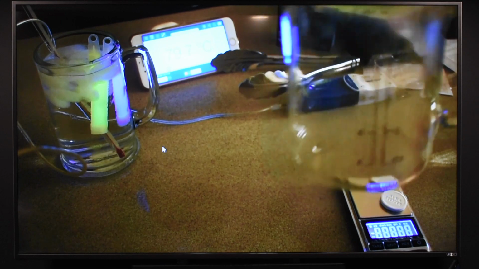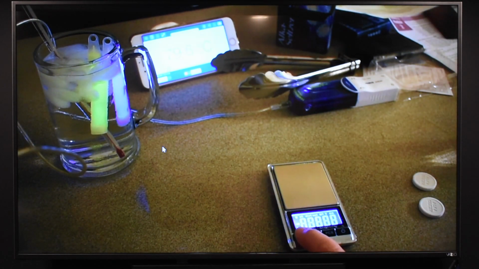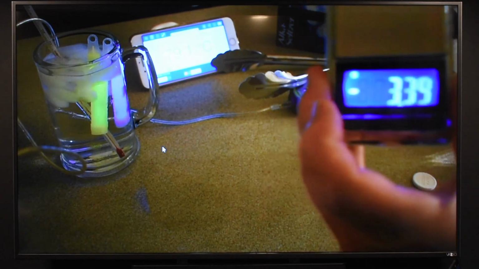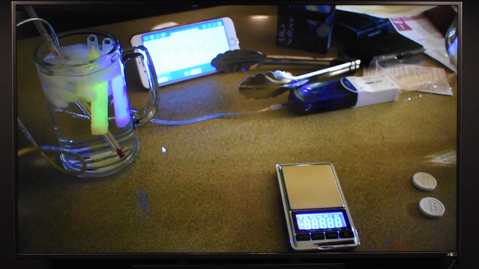So I have an empty beaker. I have a balance. I'm tearing the balance to 0. Difficult for you to see on the camera, but I assure you it's tared to 0.